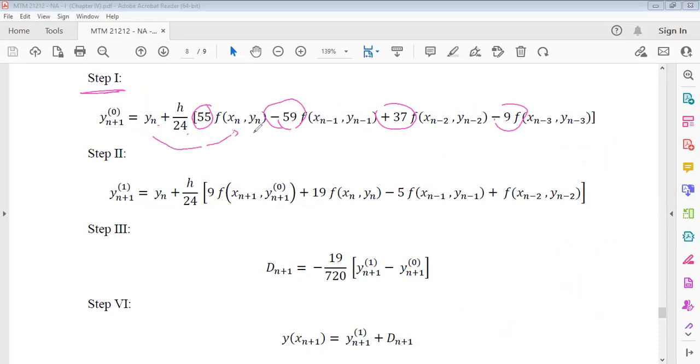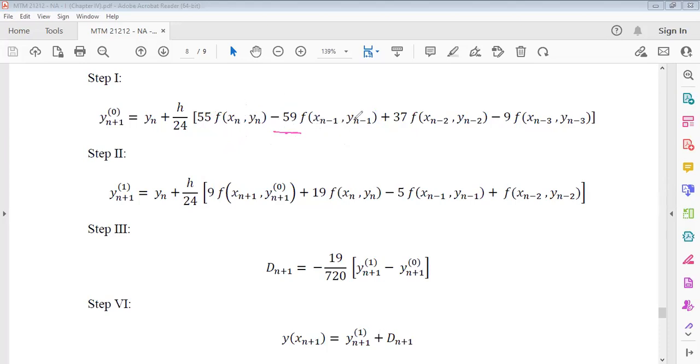I will tell you how to do that in examples, but let's understand the algorithm first. So next is 55 times the function of xn, yn, then minus 59 times the next term.